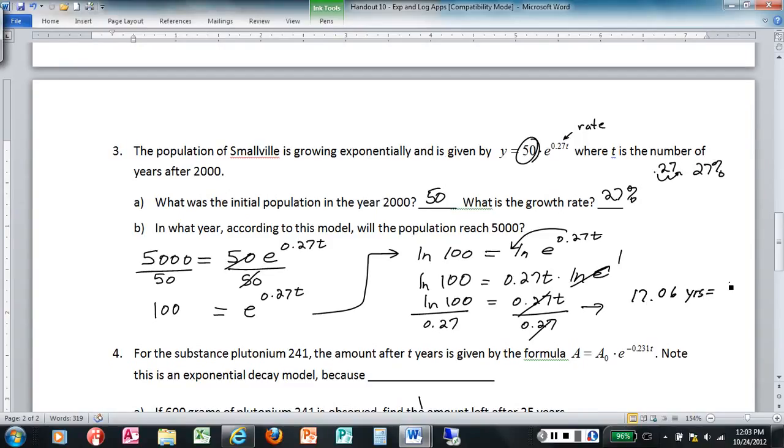Time in years. Now the question was, in what year will that happen? Well, that's close enough. I'll just say that's 17 years. So it's 17 years added to the 2000. So that'd be along about 2017, wouldn't it? All right. Okay.